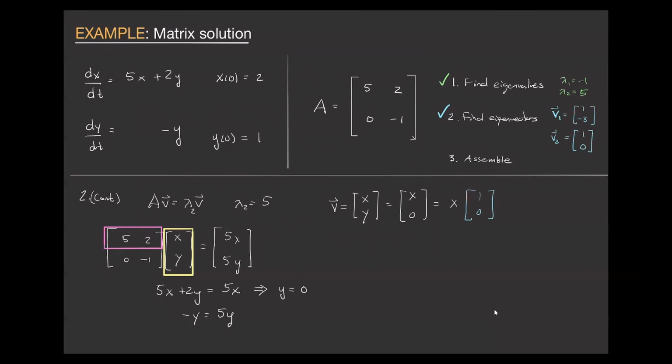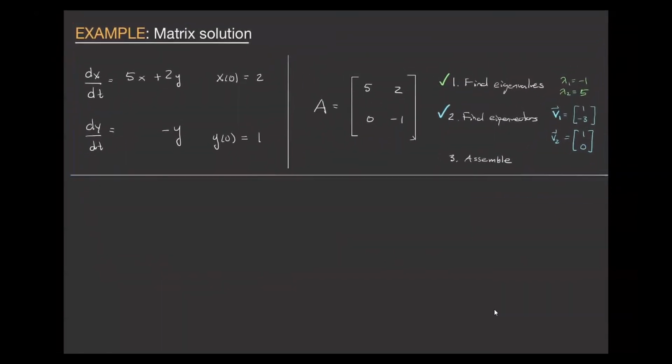Let's see. I would like to clean this up a bit. So let's do a new page where we just see the assembly, because we have everything we need to know right here. All right, the assembly goes like this. It is V, which is just an XY. So just to be clear, X is the first entry and Y is the second entry. Let me rewrite it a little nicer, which we'll just call V sometimes.